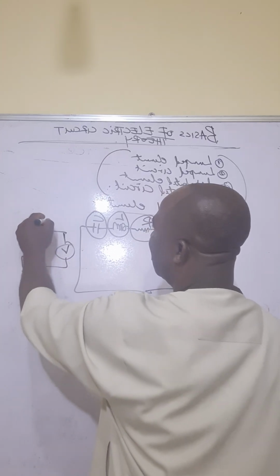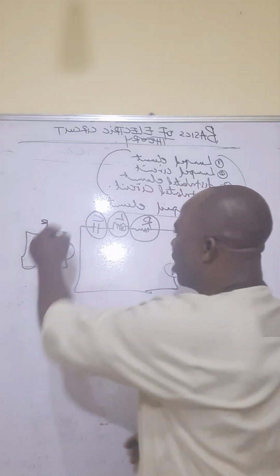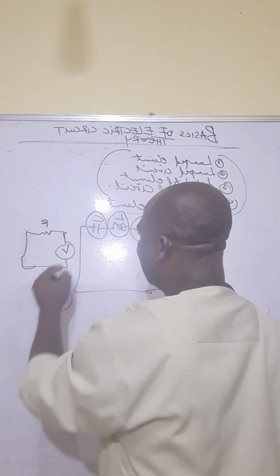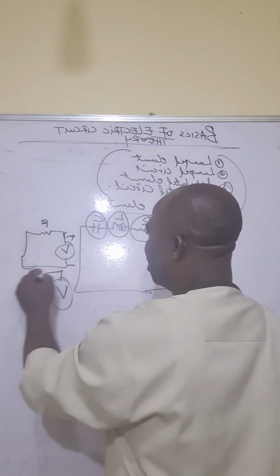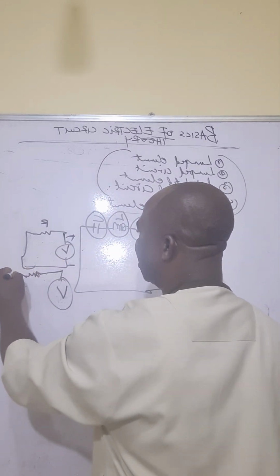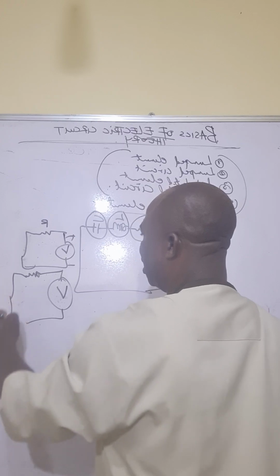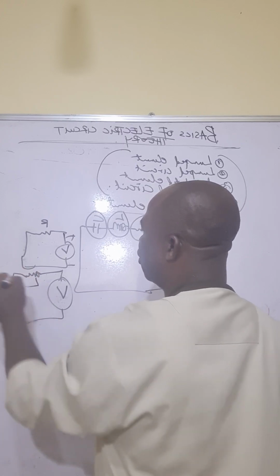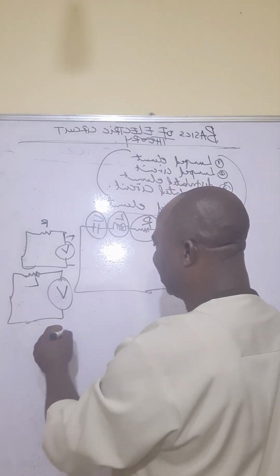This is R. We can still have this. This is inductor L. Then it can still be detached this way.